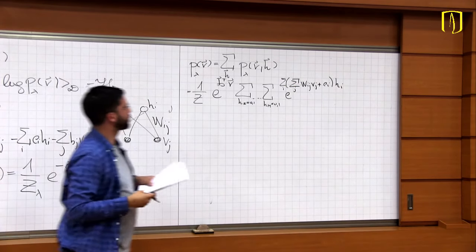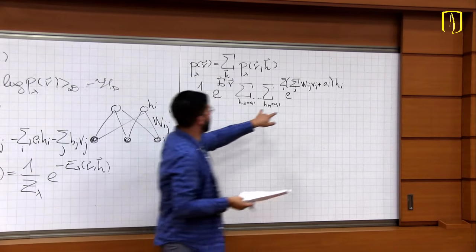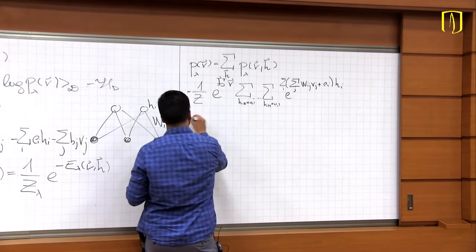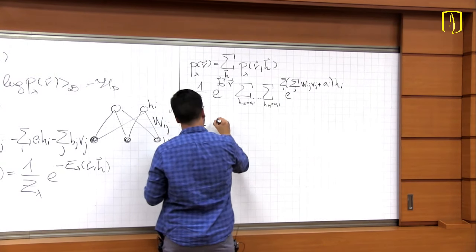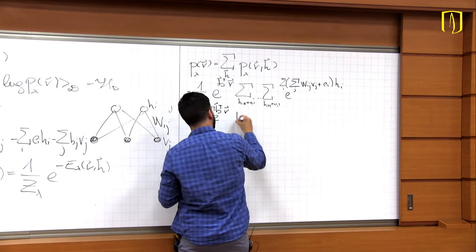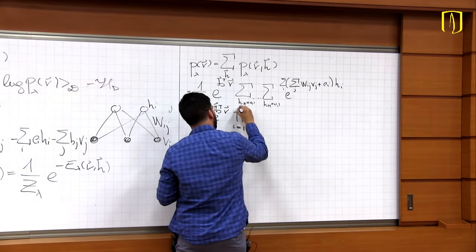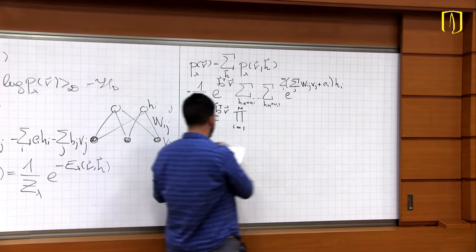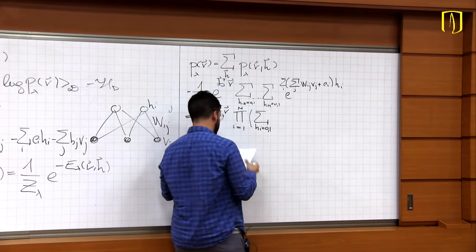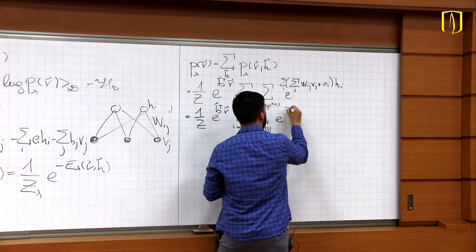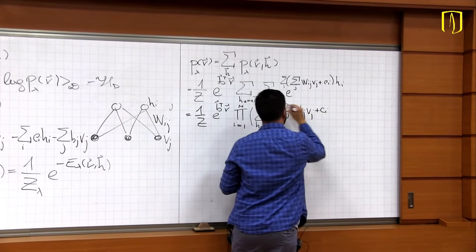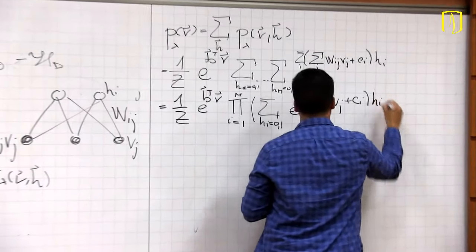Because we can factorize this term, then we can do this sum exactly. So this is essentially equivalent to e to the b transpose V. Now we have the product on all the hidden units of the sum of H_i 0 and 1 of e to the sum over j of W_ij V_j H_i.